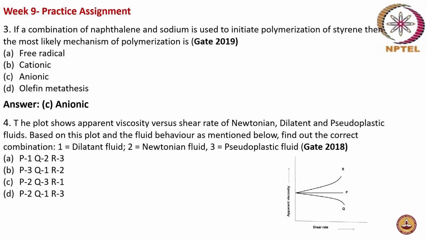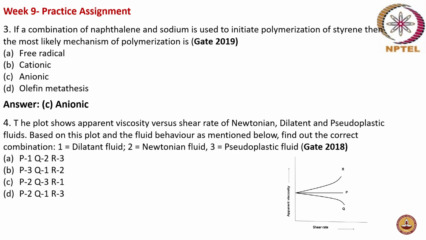The next question is, the plot shows apparent viscosity versus shear rate of Newtonian, dilatant, and pseudoplastic fluids. Based on this plot and the fluid behavior as mentioned below, find out the correct combination.